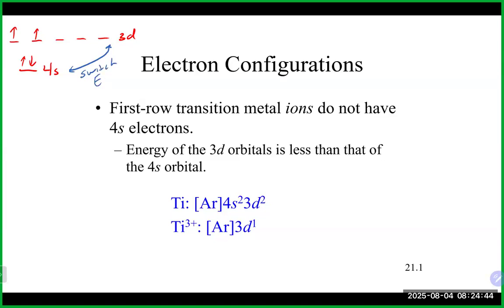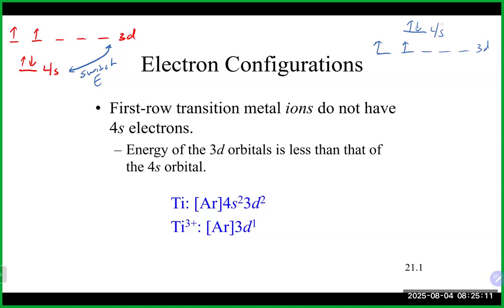And those 4s electrons will end up being higher in energy than the 3d. That's really important when the transition metals go to lose electrons. Now, as we know, usually when things lose electrons, they will lose their valence electrons.